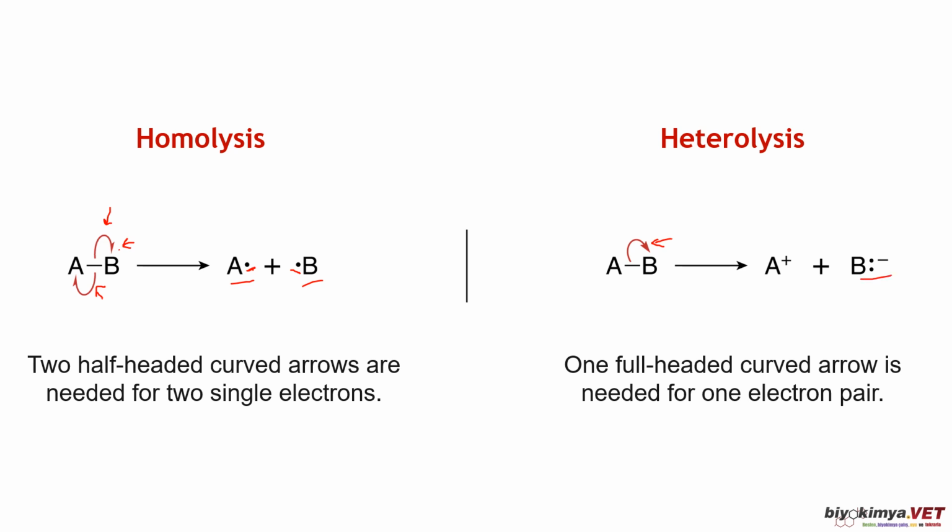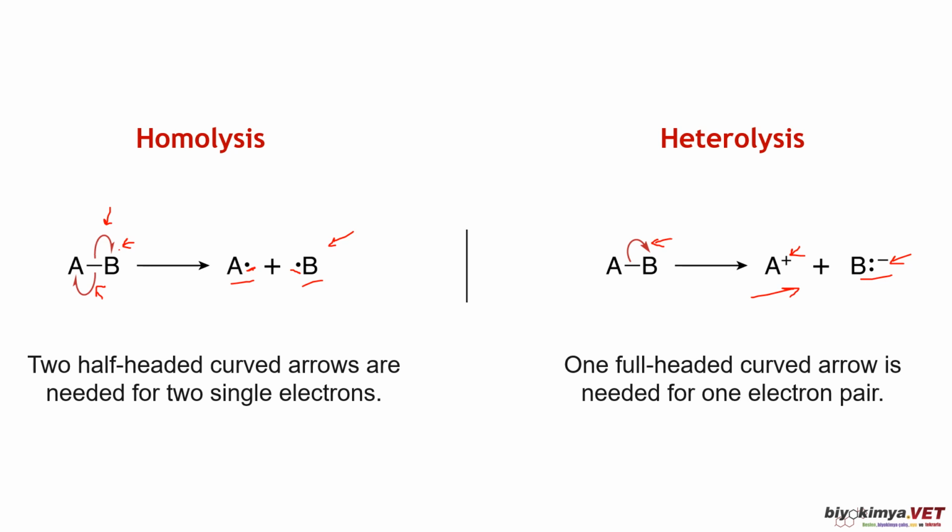And here B gets the electrons and has a negative charge, and A gets a positive charge. This is why in heterolysis, the products are charged. But in homolysis, they carry unpaired electrons.